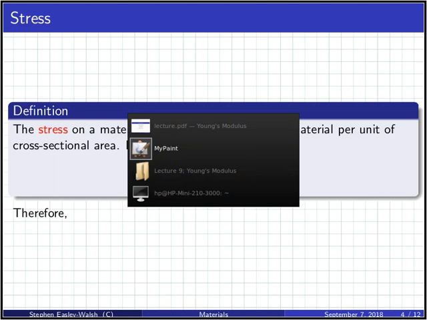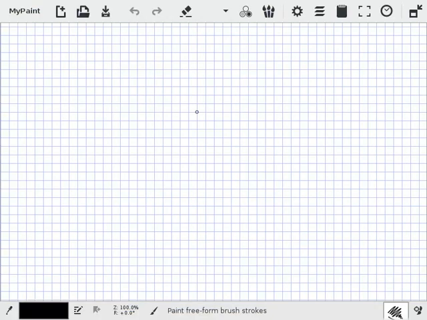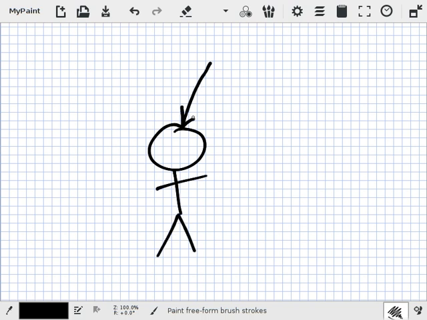Now, I just want to draw a little picture to show you what that means. For example, there's a person, so maybe there's a force pushing down on his head on this area here, area A. The stress is the force over the area.